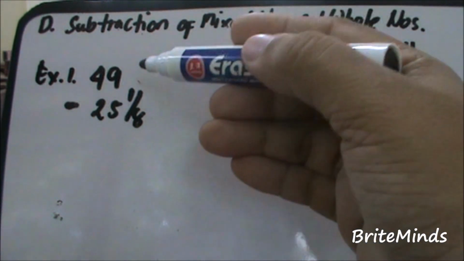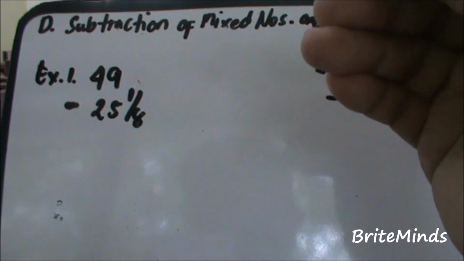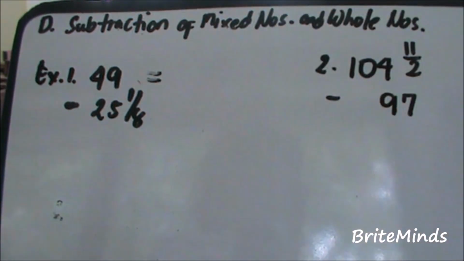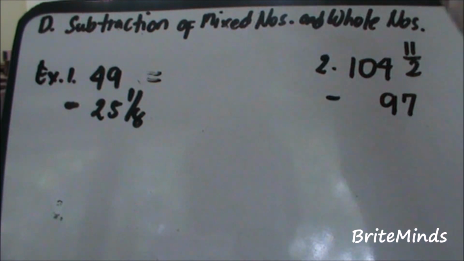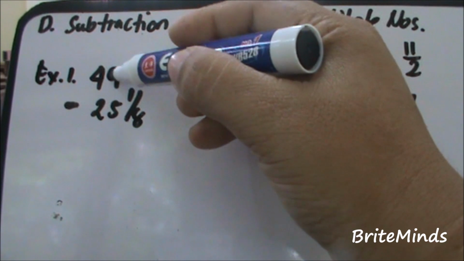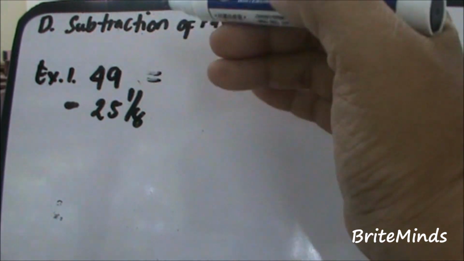Example, we have here 49 minus 25 and 1/8. So we need to convert 1 unit of the minuend into an improper fraction. So we have to borrow 1 unit from the whole number 49.